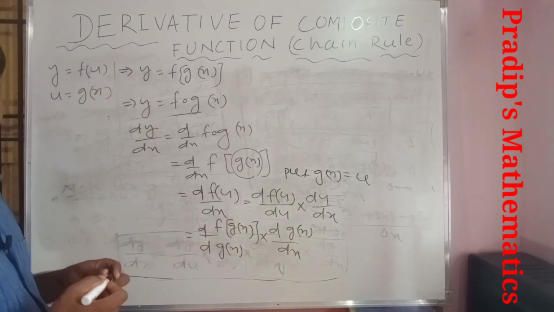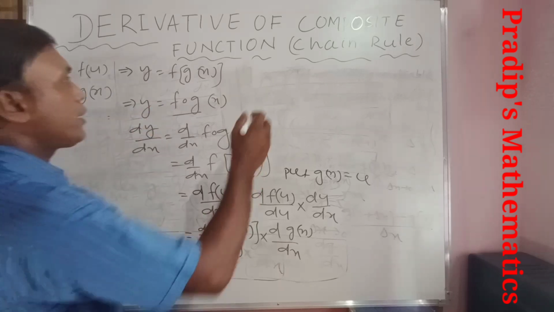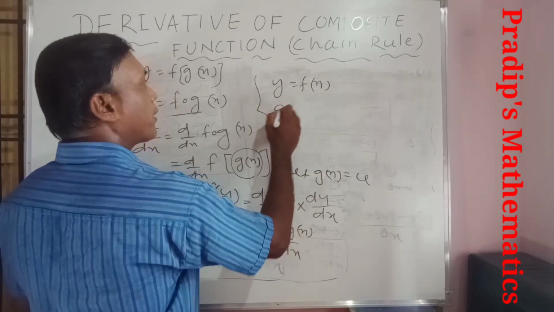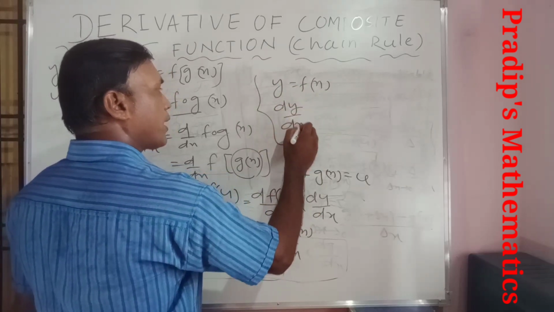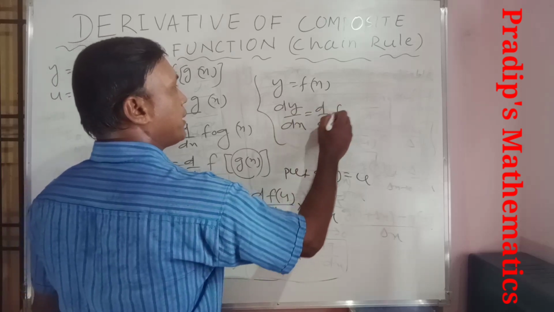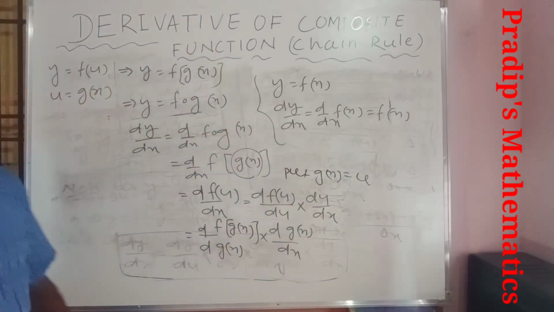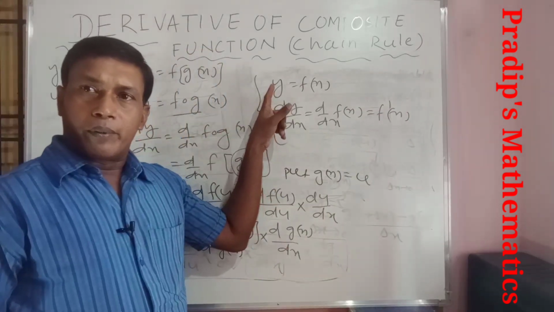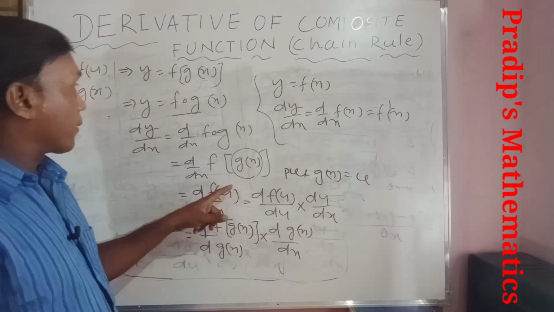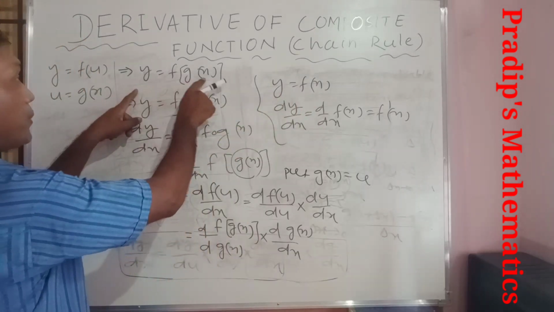Look at here the function. What happens here? When y is a function of x, then we can differentiate y with respect to x directly as dy by dx is equal to d by dx of f of x, which is equal to f dash x. Here x is the independent variable. But look at here, y is f of x, while here y is f of g of x.